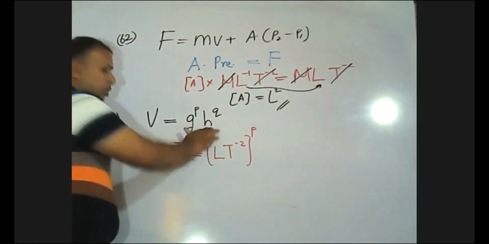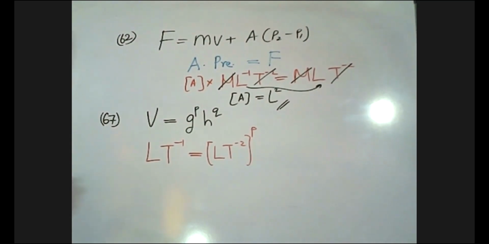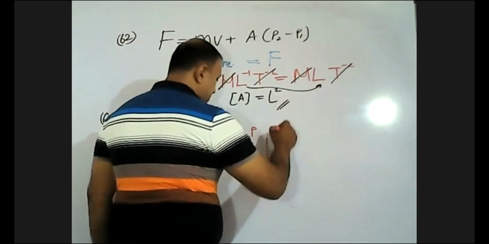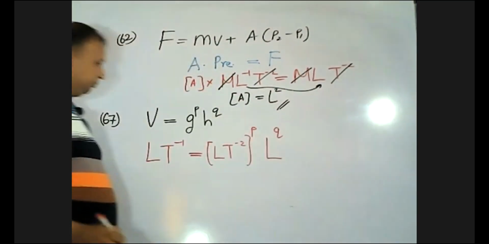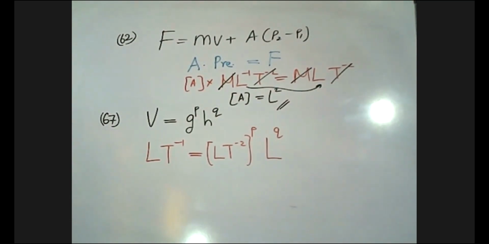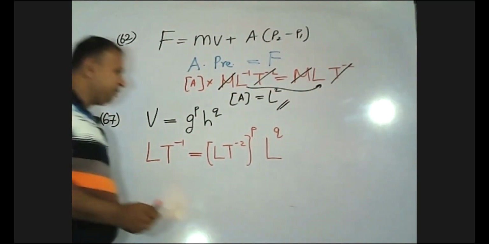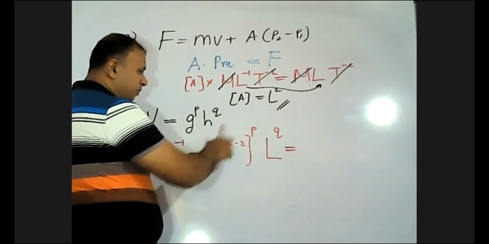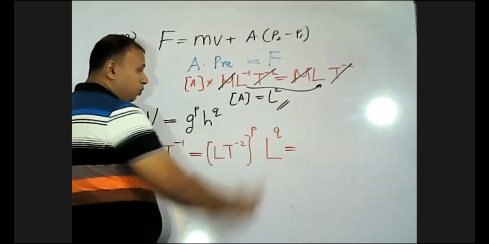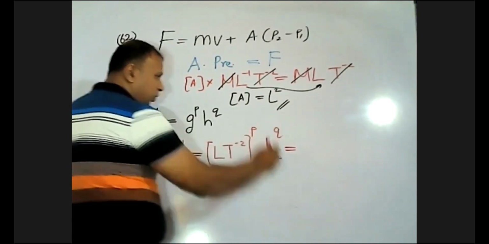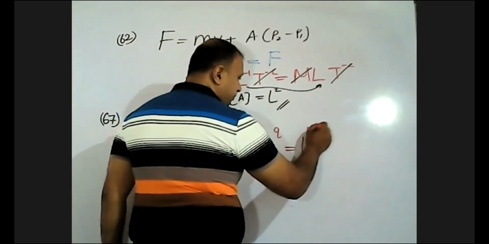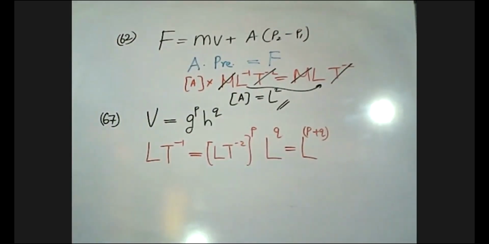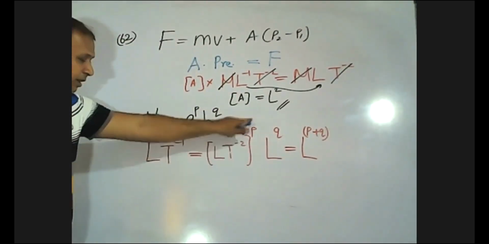Then h is a distance, so the dimension of h should be L. If I simplify this, I will get L to the power p into L to the power q, which means L to the power p plus q, then T to the power minus 2p.